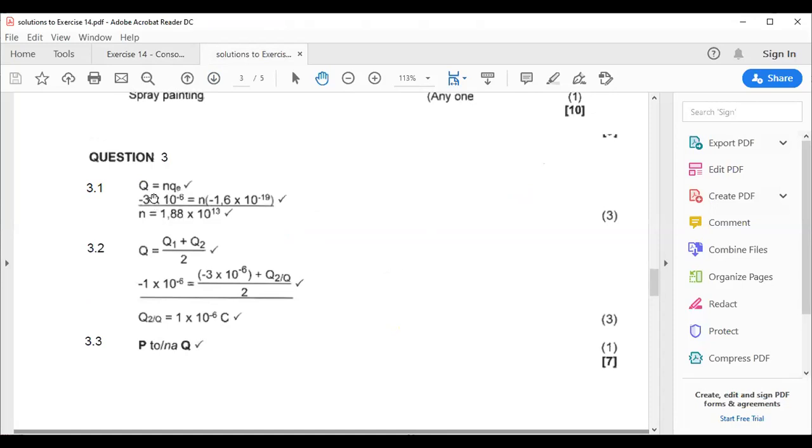You substitute the given charge, which is -3 times 10 to the power -6, is equal to number of electrons multiplied by -1,6 multiplied by 10 to the power -19. All right, then you divide both sides by the charge on an electron, then your answer becomes 1,88 multiplied by 10 to the power 13 electrons.